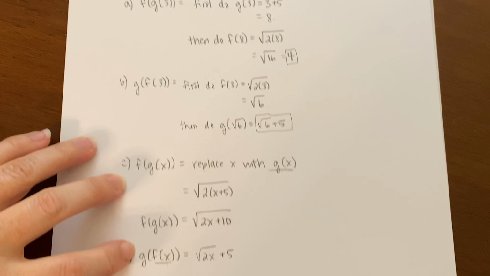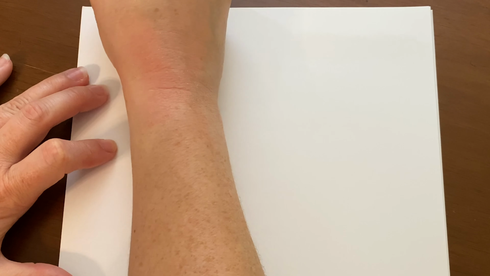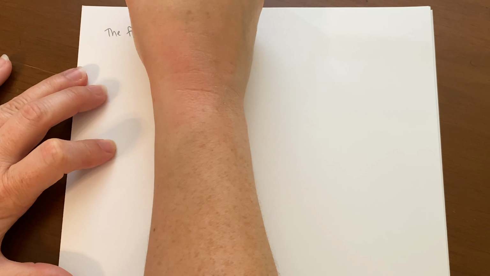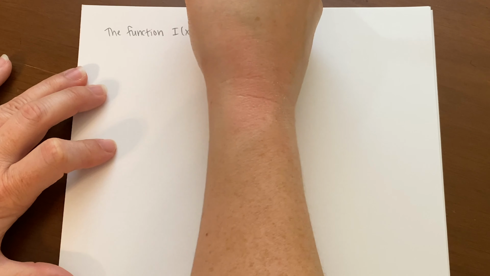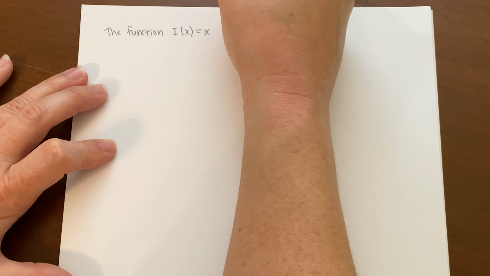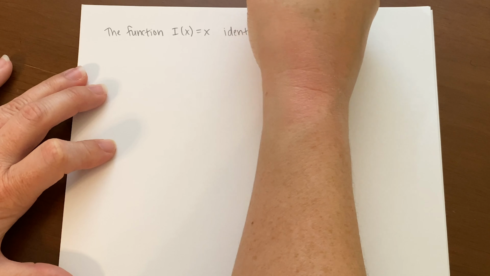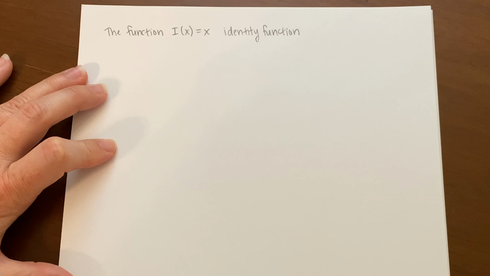Now we have another function that I want to talk about that's going to help us explain this next piece. There's a function that's called the identity function, and we use a capital I for this notation. So the function capital I of x equals x. This is called the identity function. And this function works a lot like the multiplicative identity.